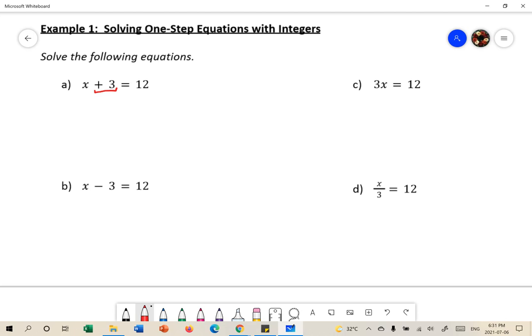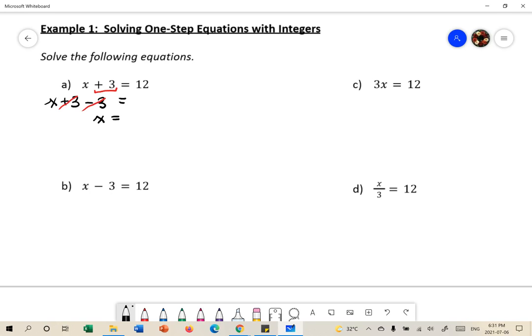So what we want to do is eliminate this 3. And we do so by performing its opposite operation. So if we subtracted the left side by 3, then this 3 and this negative 3 would cancel out. And then we would have x on the left side isolated. And that's what we want.